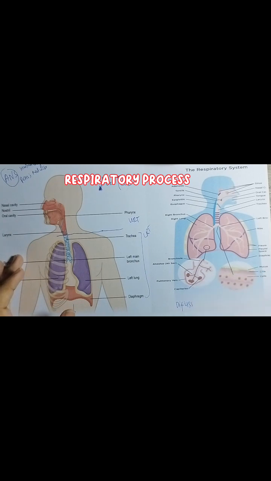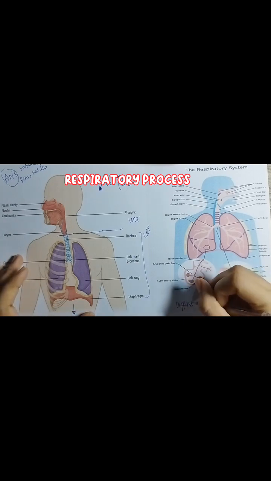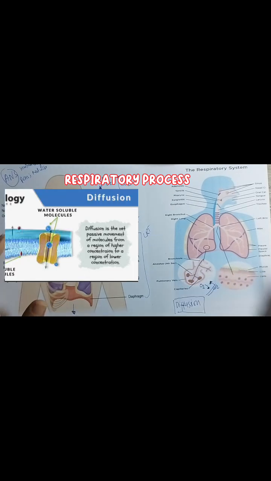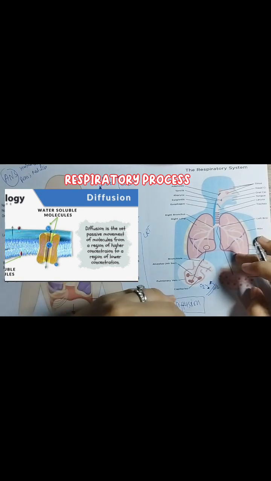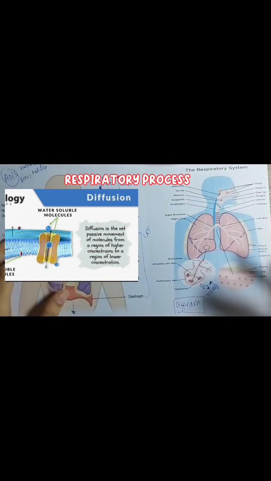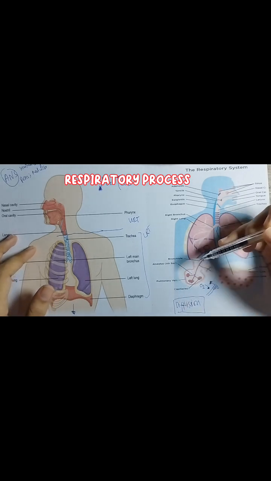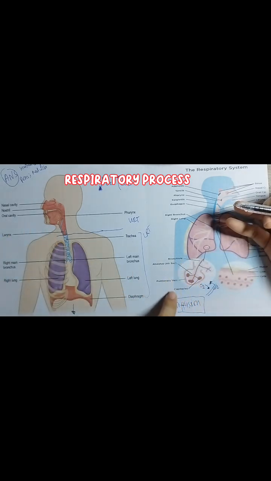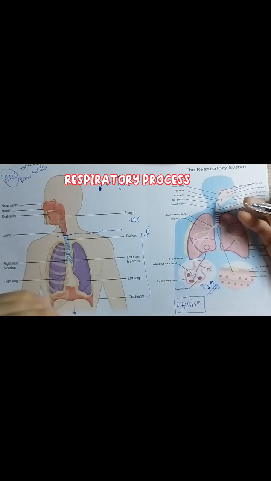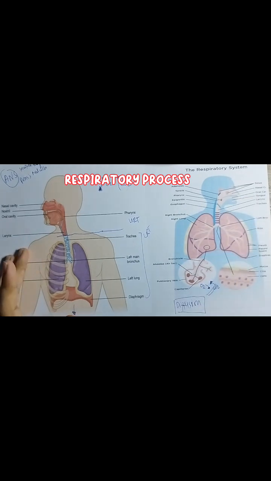Gas exchange is facilitated by the process called diffusion. Diba yung blood na napupunta sa ating lungs is oxygen-poor blood. Ang dala ng blood na yan is carbon dioxide, which is a waste product of metabolism. So doon sa ating lungs during gas exchange, ang oxygen na nasa alveoli ay mapupunta dyan sa ating capillaries, and then yung carbon dioxide ay mapupunta doon sa ating alveoli, so to be exhaled out. That's the process of gas exchange.